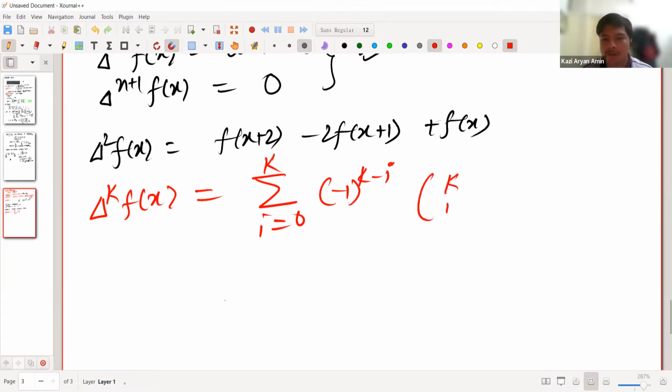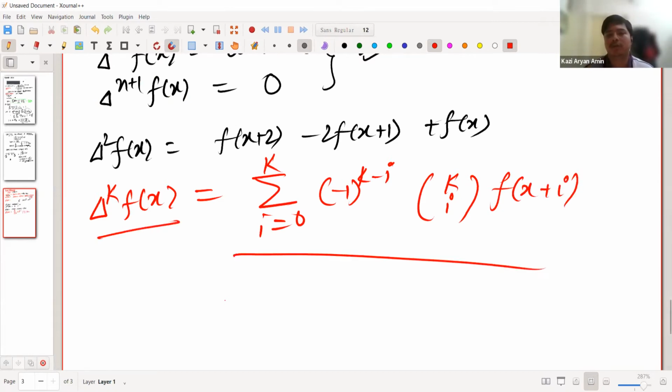Okay, I forget it every time. So this is the formula I was talking about. This is a general formula for the kth order finite difference. You can prove it by induction, I guess. So this is not very important.